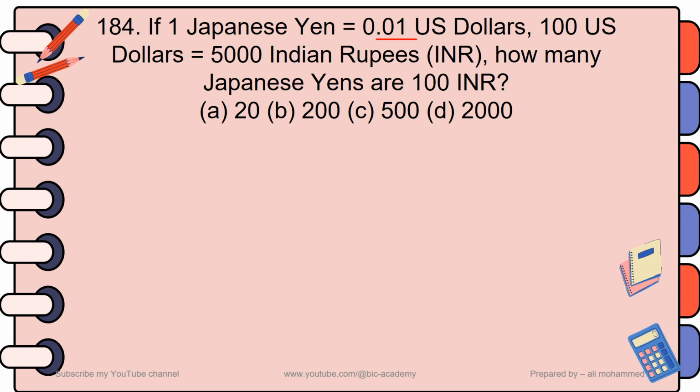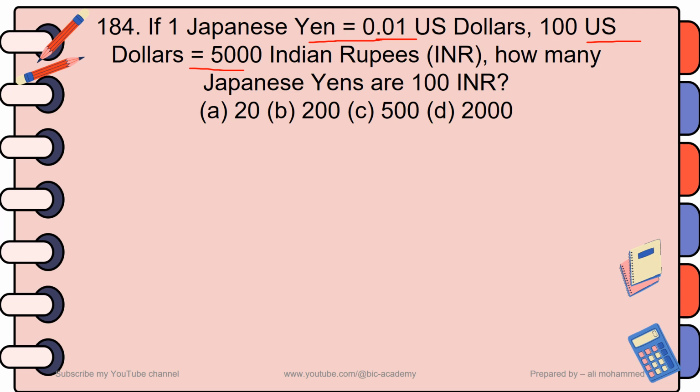Now you are given here the exchange rate between yen and US dollar, and again the exchange rate between US dollar and Indian rupees. Then from this information you are required to find out the amount of yens which are equal to 100 Indian rupees.